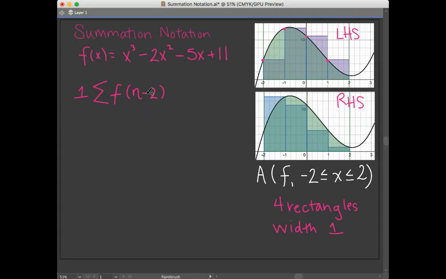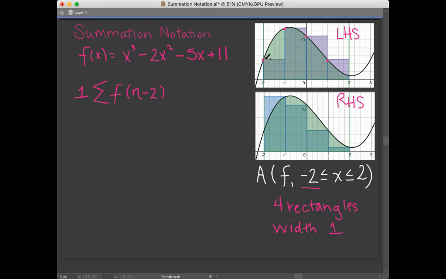So we're going to take the number and subtract 2. The reason I do that is because then I can move this number around based on where my domain starts. Here my domain starts at negative 2, but if my domain started at 3 or 4 or 7 or negative 5, I can always just mess with this number to show where the domain starts. So that's kind of where we get started.